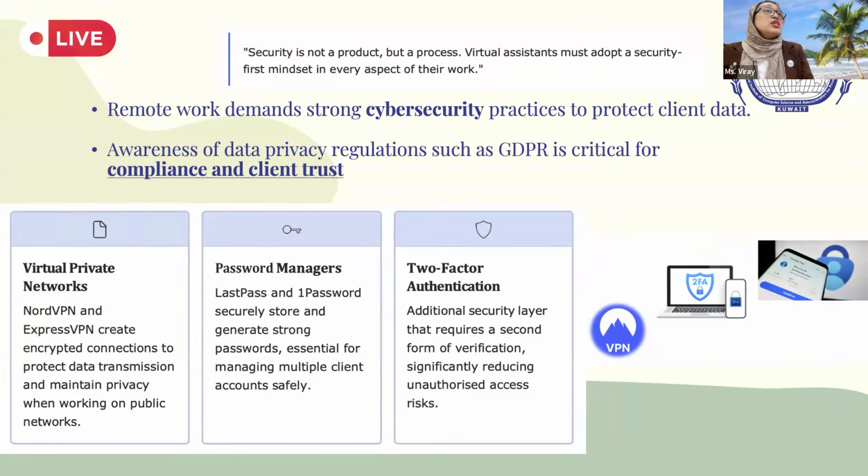Now, how do you protect yourself as a VA? Have you heard of NordVPN? NordVPN is a virtual private network, which makes your browsing private, so third parties cannot see what you are browsing. Nowadays, if you click on an ad, the next time you go to your feed, there will be similar ads, because you don't have a VPN.